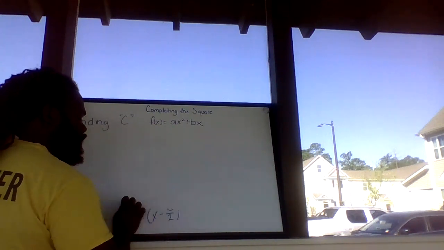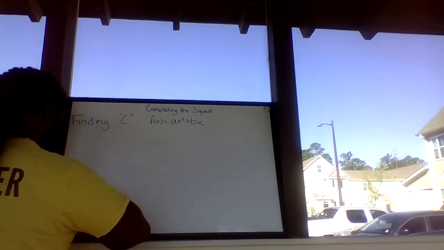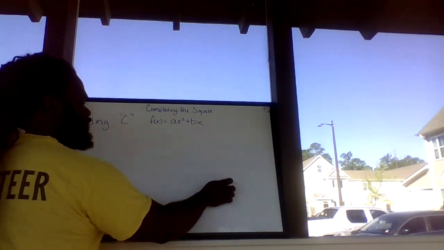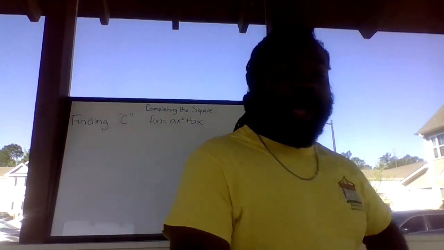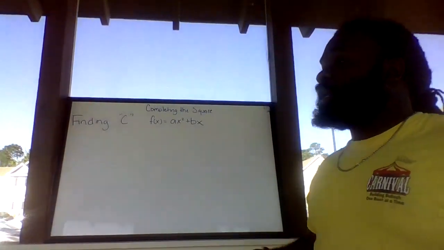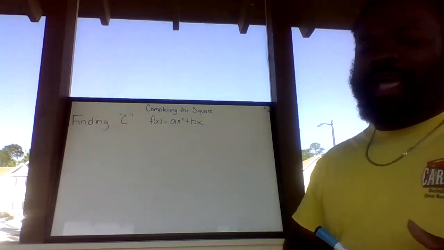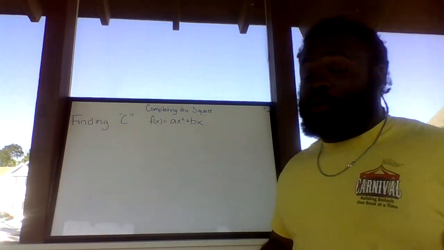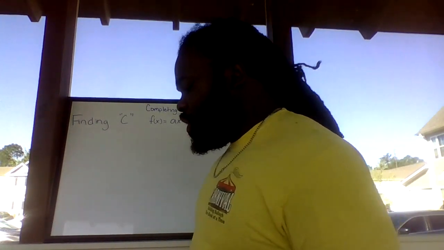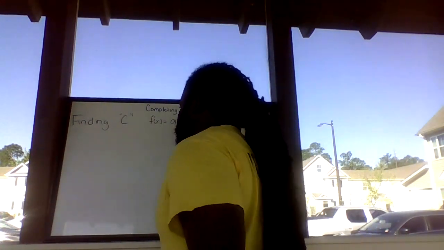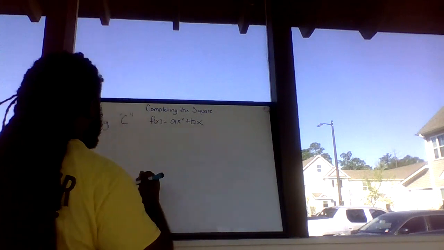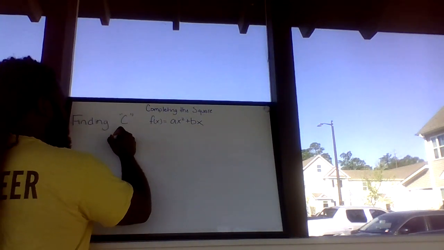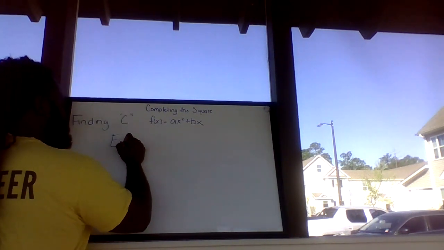What we want to do now is we want to do a couple of examples of how to use completing the square to write a quadratic in vertex form, which will ultimately give you your vertex. So here's what we're going to have. Example 1.